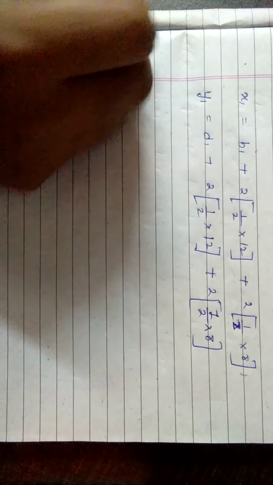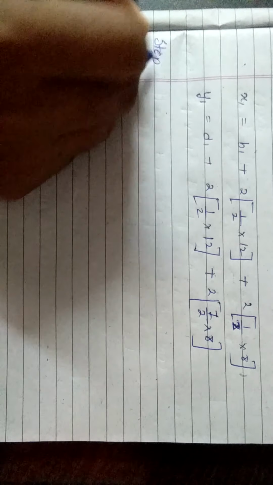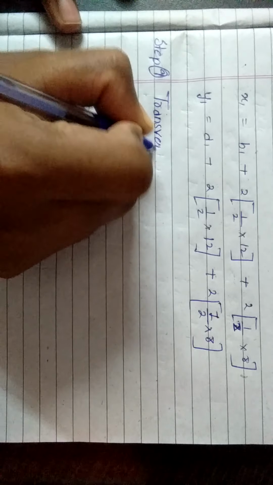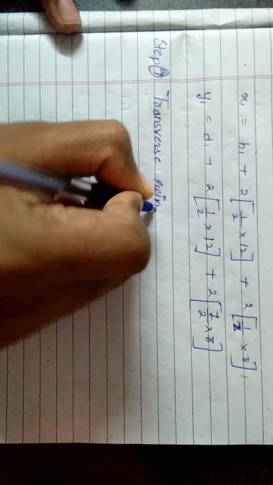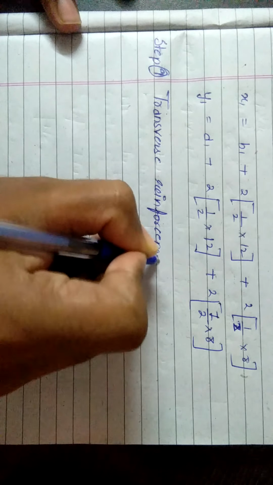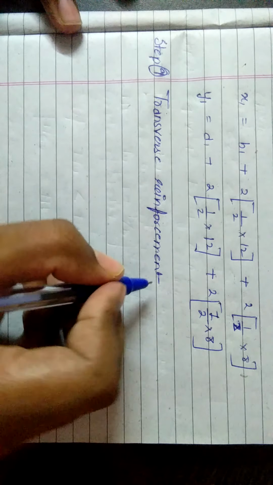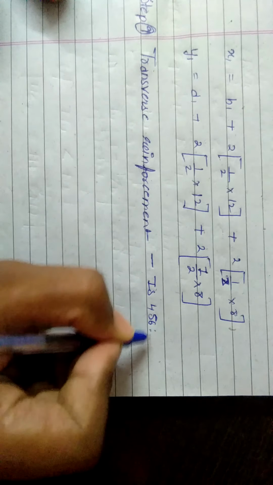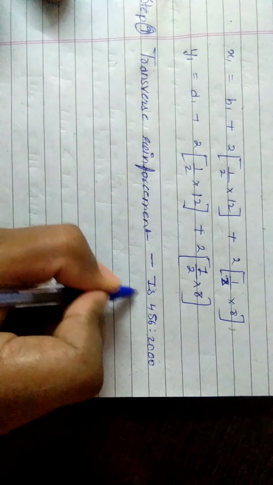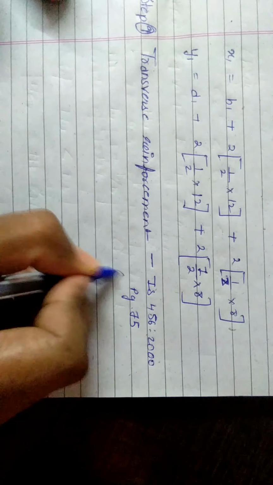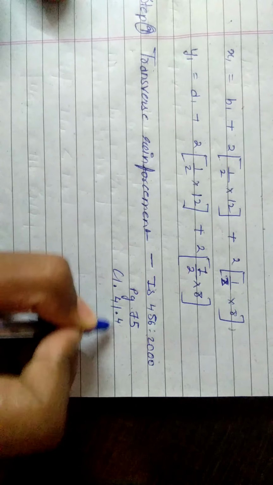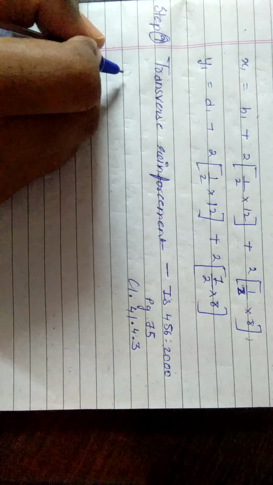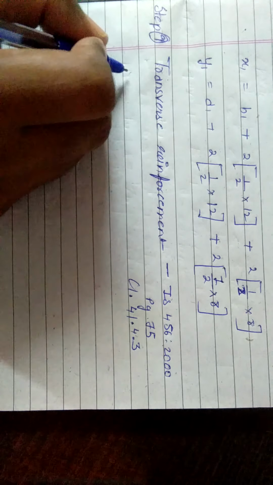Then our last step, the step number 9, and here we will find the transverse reinforcement. Now how we will find it? Again open the IS code 456 2000, in that page number 75, clause number 41.4.3. See, firstly we have to know the ASV, area of steel in vertical.